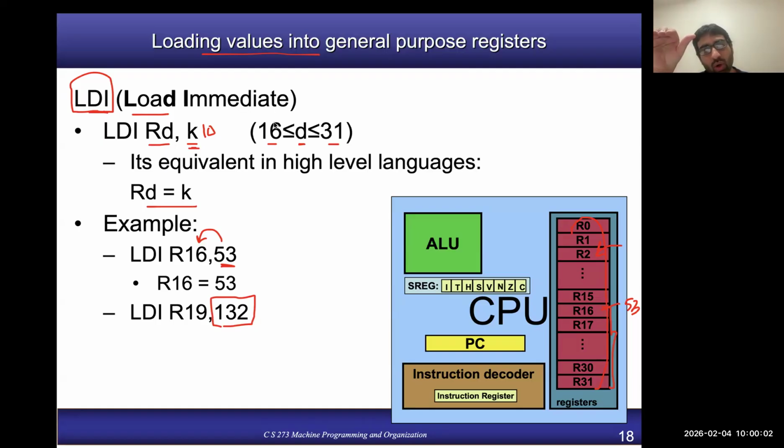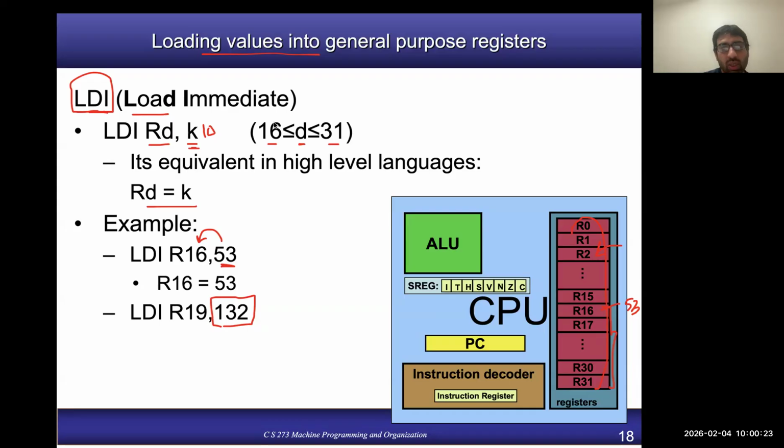The only bits left available to specify a register are 4 bits, and with 4 bits you can specify only 16 registers at most.